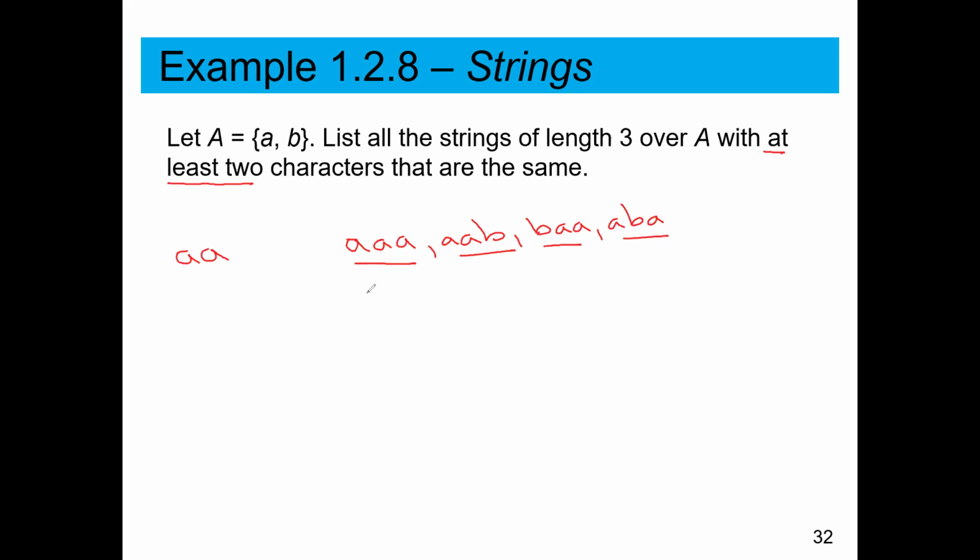So that's our options. Similarly, for the B's you'd have 4 of them: B, B, B, followed by, well, you can guess it, B, B, A, then B, A, B, and then A, B, B. So all these 8 make up the total set of strings that we are looking at in this situation.